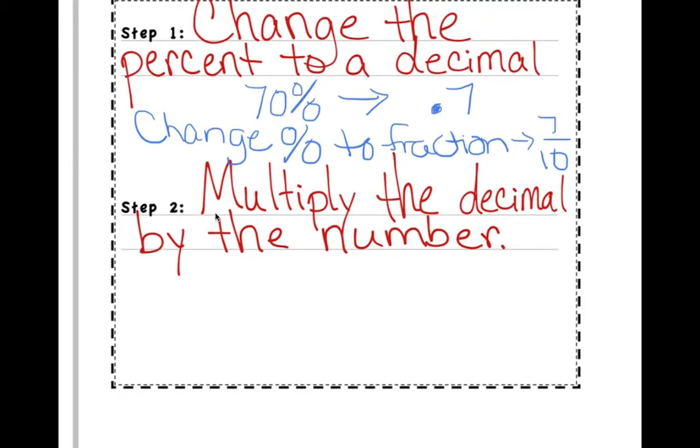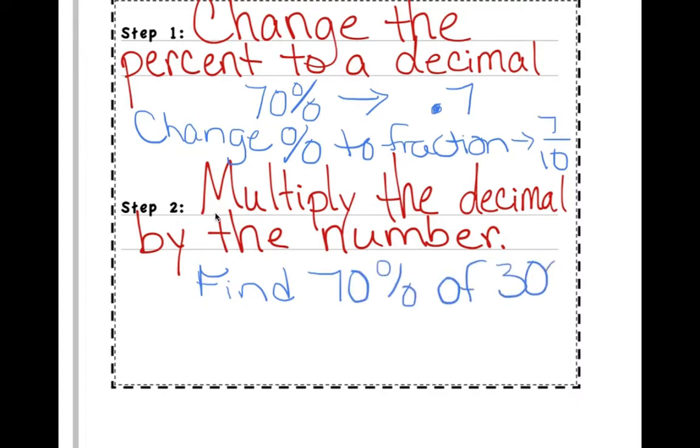Once you have your number, your decimal or your fraction, you multiply the decimal or the fraction by the number. So let's say the question was find 70% of 300.